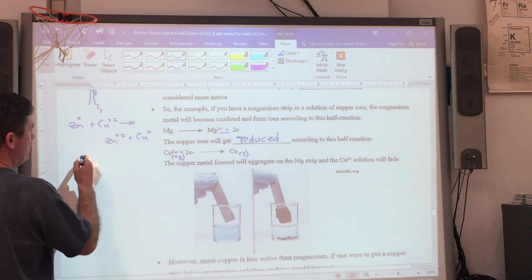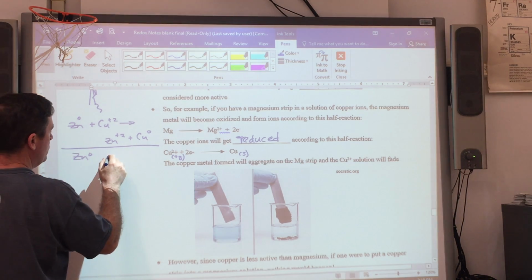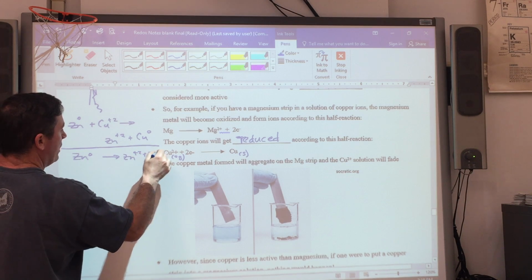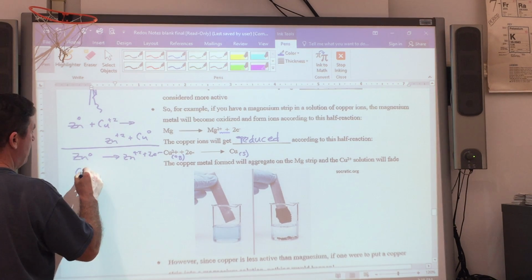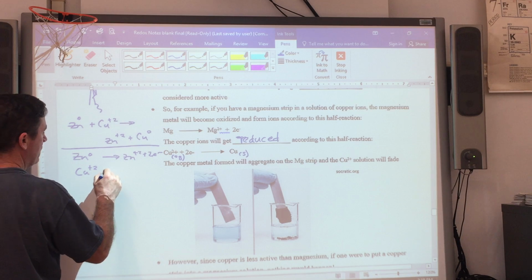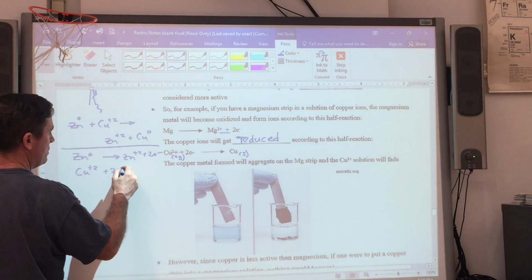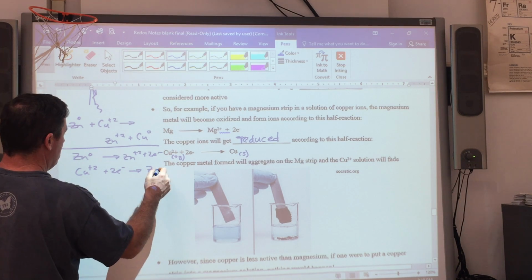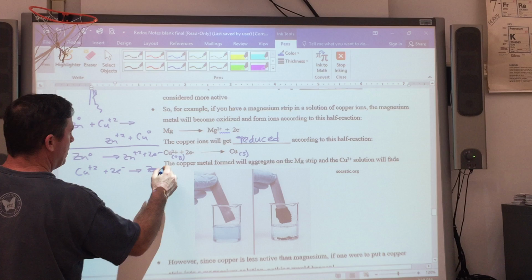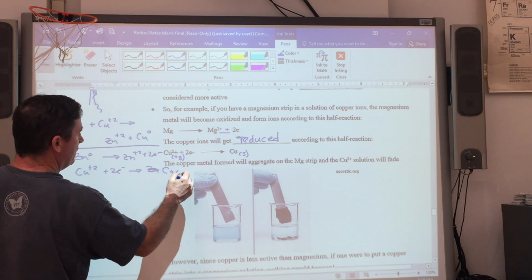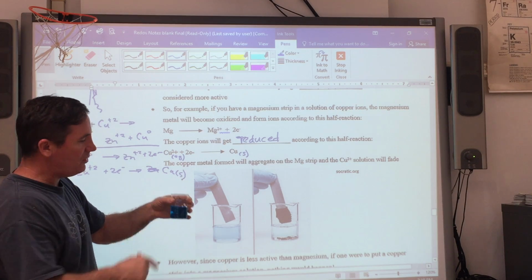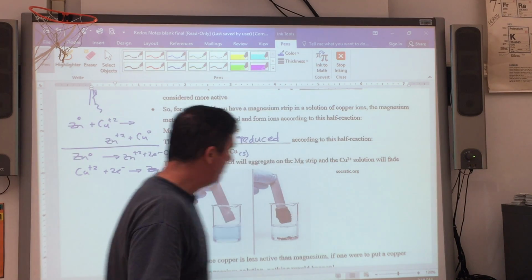Okay, so if I split this up, I can have zinc losing electrons to form zinc 2+, and copper ions gaining those 2 electrons from the zinc and forming copper solid. So the copper solid is what is forming on the strip.